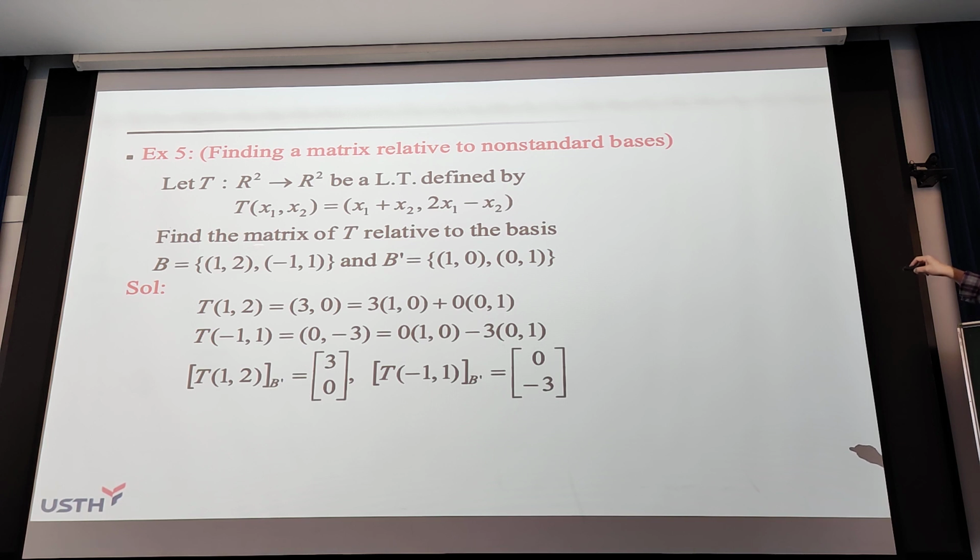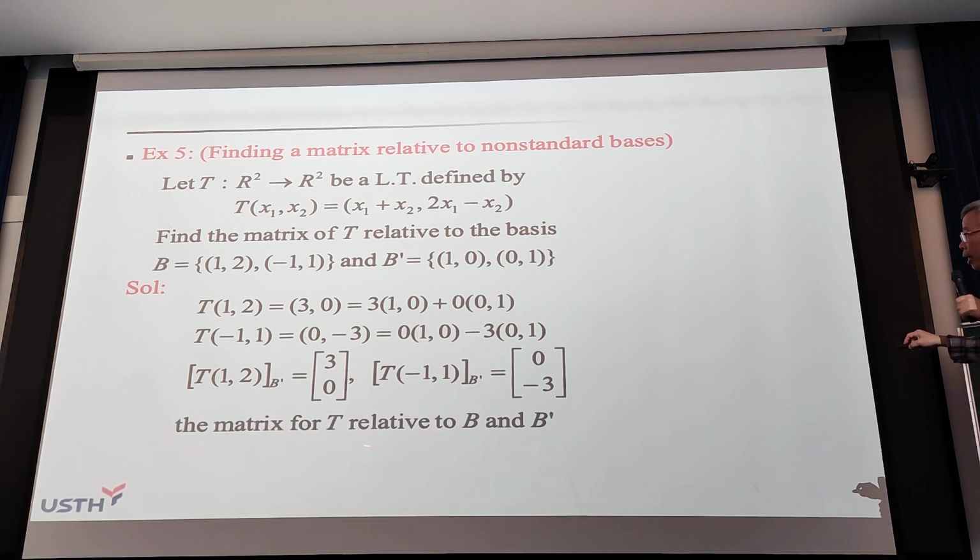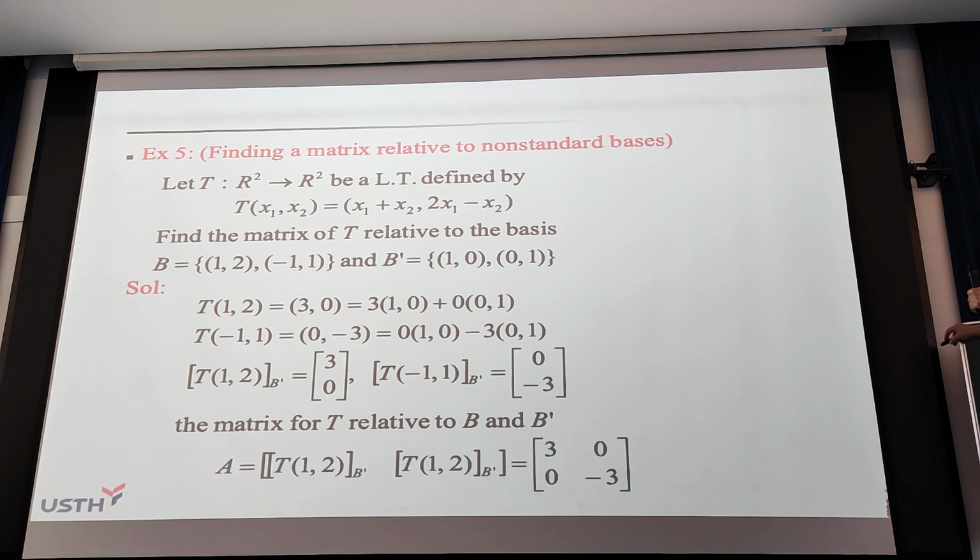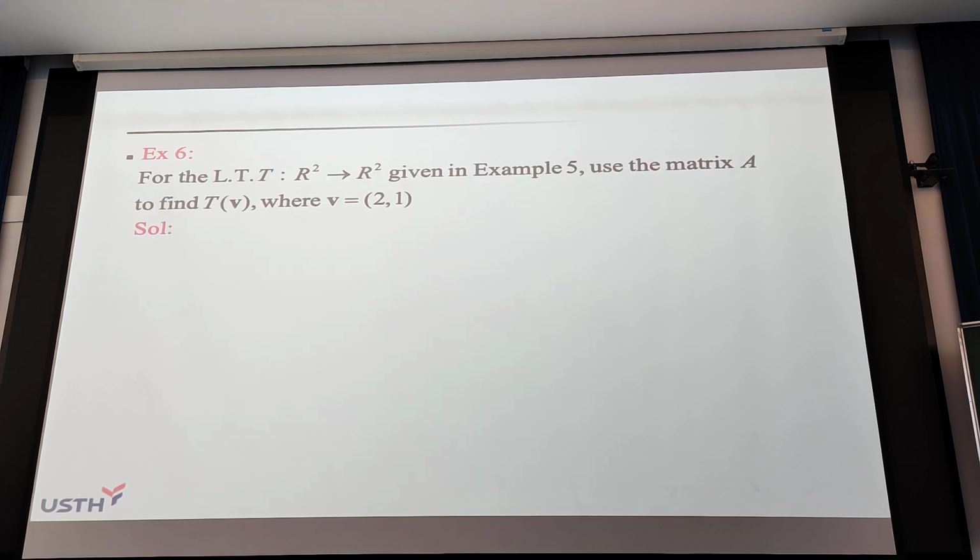And T of the second vector here, whose coordinate in B prime is Z1. Then the matrix of T relative to B and B prime will be Z1. So we put the columns side by side. So that example is very easy.